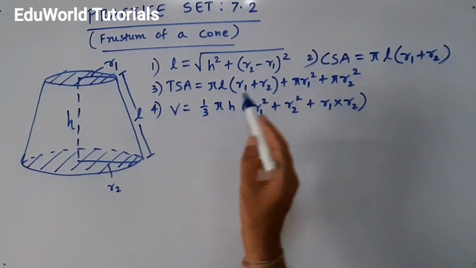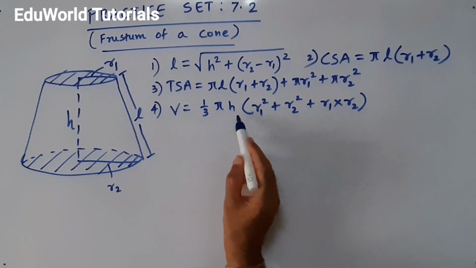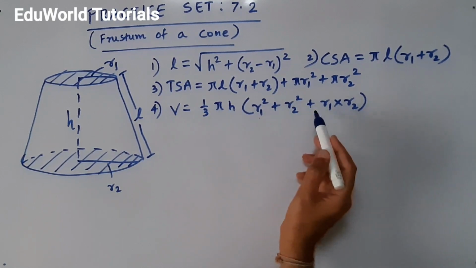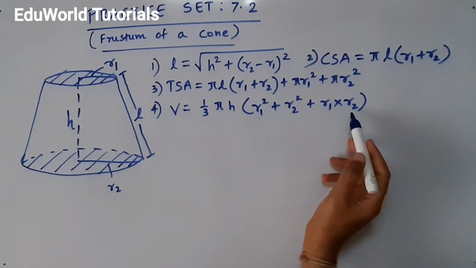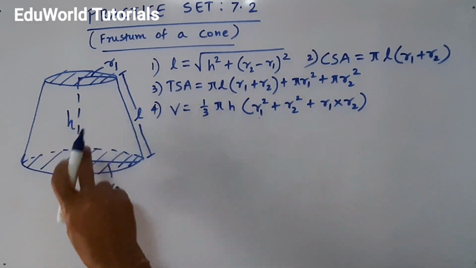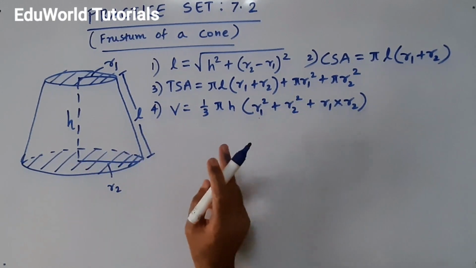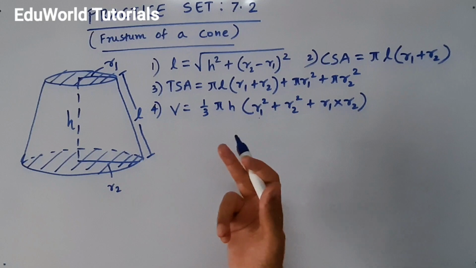V, volume, the capacity of this frustum, is 1/3 pi h (r1 square plus r2 square plus the product of the two radii, r1 into r2). Volume stands for the capacity. If I invert this, it becomes a bucket that we use in our household purposes. So this is the frustum of the cone.